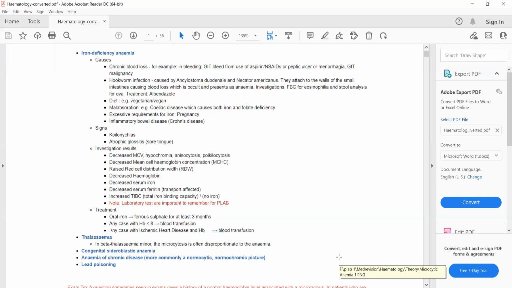And as there is no iron available for binding, total iron binding capacity will increase. These three values are important to remember for the PLAB 1 exam. That is because iron deficiency anemia causes microcytic anemia, so it's understood that MCV will be decreased and mean corpuscular hemoglobin concentration will also be decreased.